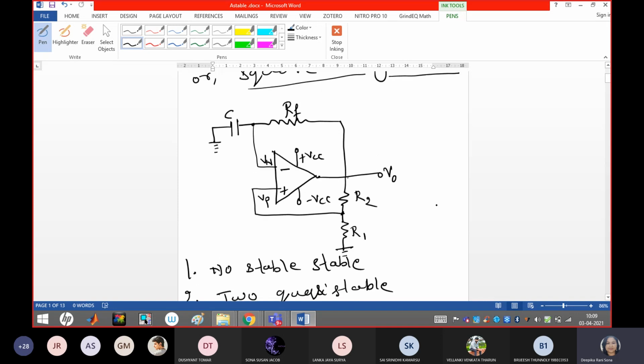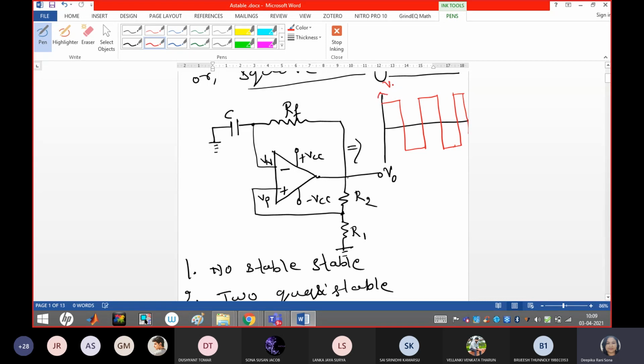Okay, here itself I will draw a small graph of the output waveform, how it will be.